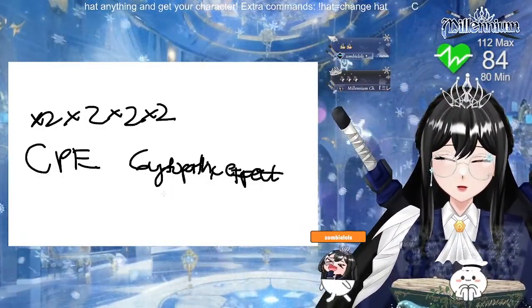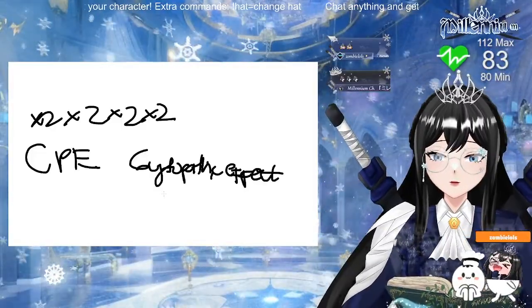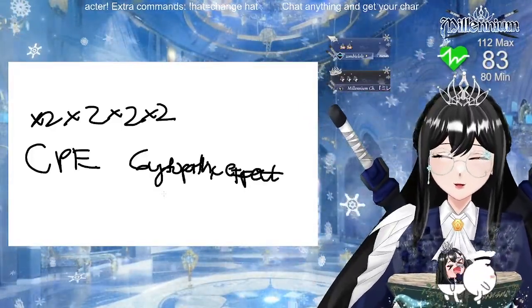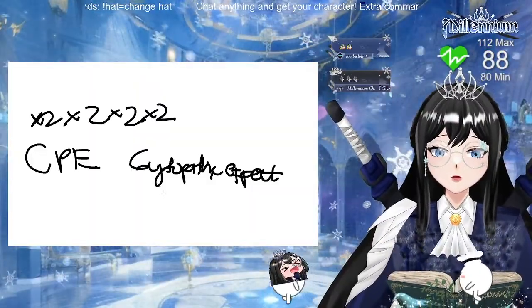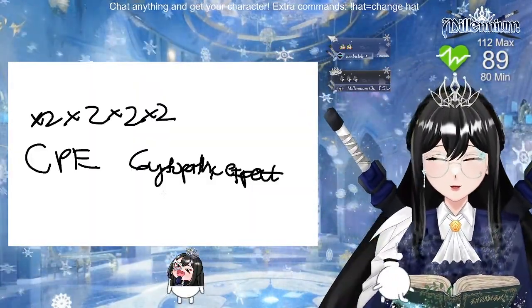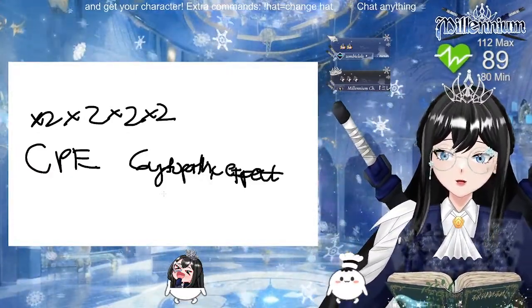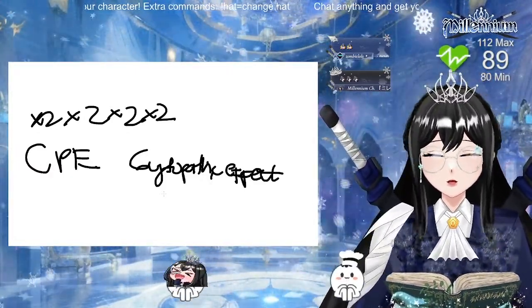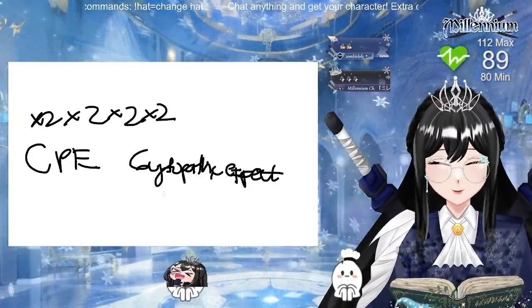So CPE is a useful readout for infection. Again, what is the cytopathic effect? It is the visible changes in a host cell caused by the actual virus infection.